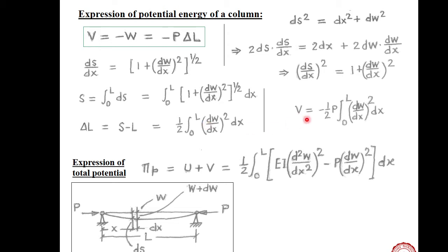So this is V. V is the negative of the work potential, V is minus of W. Work done is P into delta L, V is minus of W. So what is the total potential?